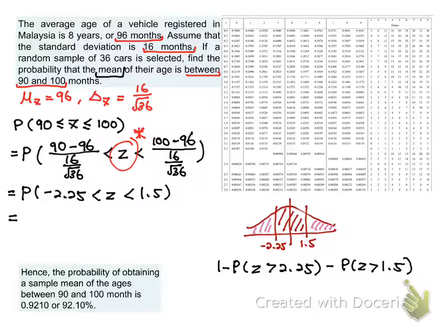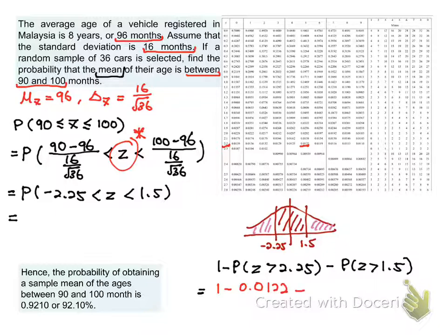Is it? Okay, so we refer to the table for 2.25. Okay, 2.25 is here. So it will be 1 minus 0.0... oh, so small. What? 122. Okay, thank you, because it was too small already.